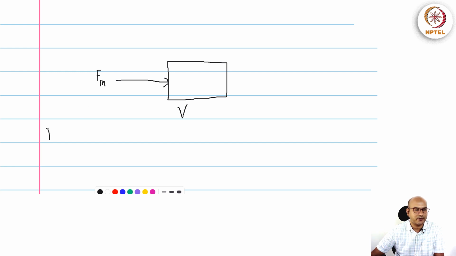Now what will this F in be? F in would be related to the concentration which is outside multiplied by the air exchange. So air exchange would be the volume of air that is exchanged. This is going to be A times V.